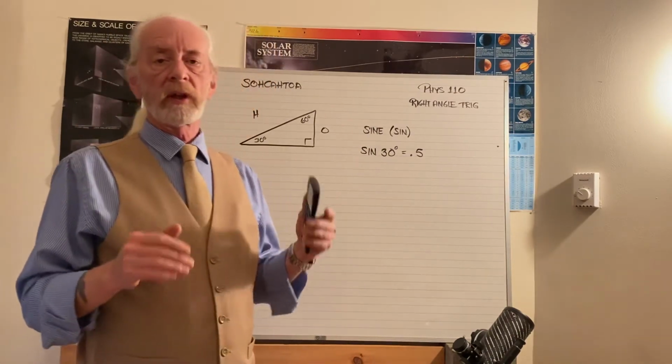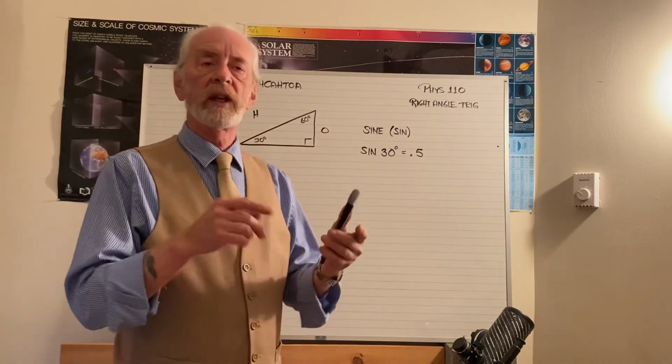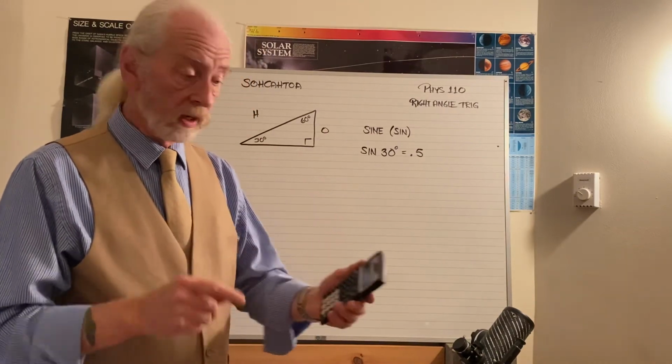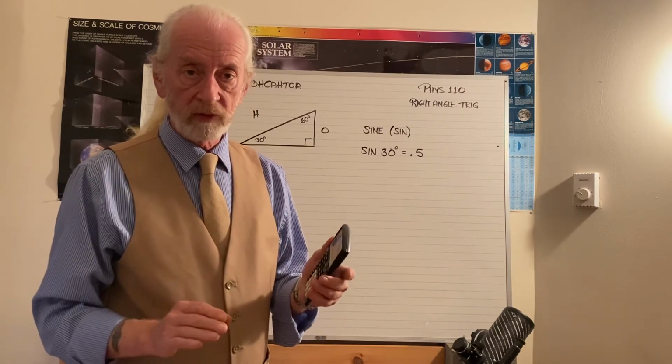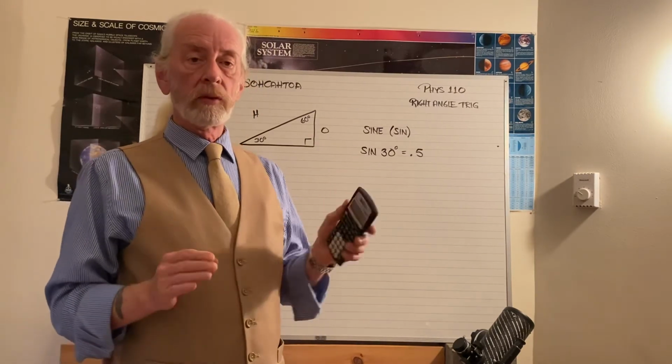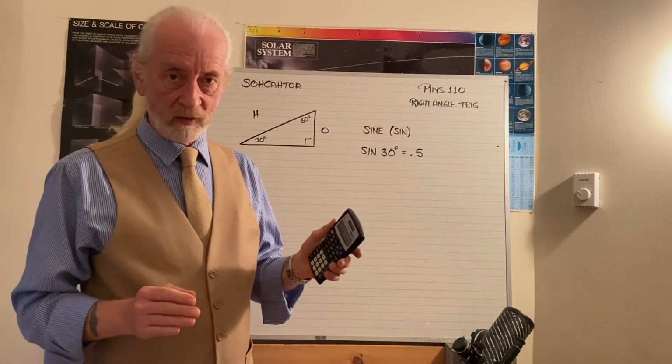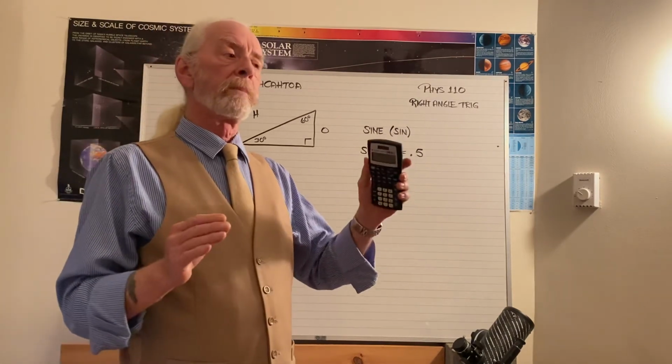Other calculators are set up so you have to hit 30 first, then hit sine, and it will automatically spit out 0.5.